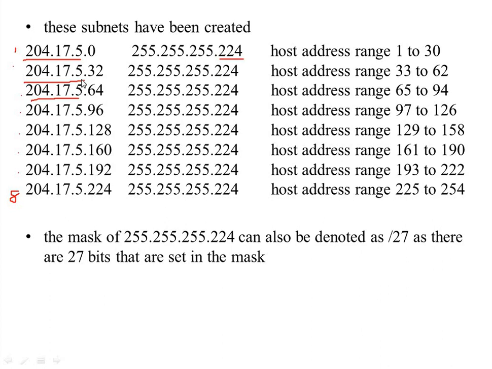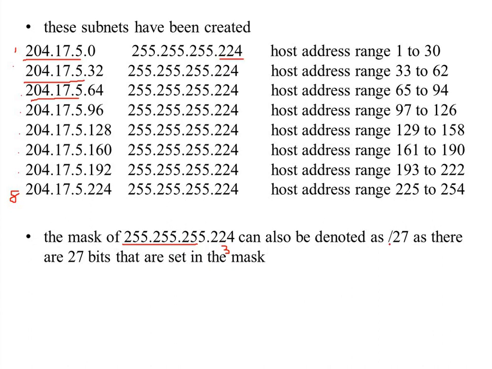So how can it be represented now? Initially it consists of these 24 bits, and you are stealing 3 bits from the host. So how many bits are utilized to represent the network? These 24 plus these 3 are the subnet.